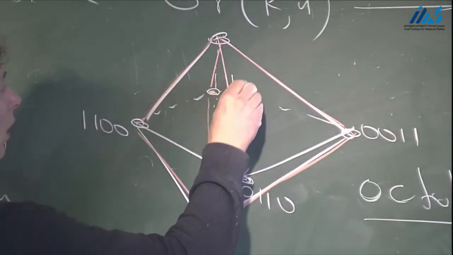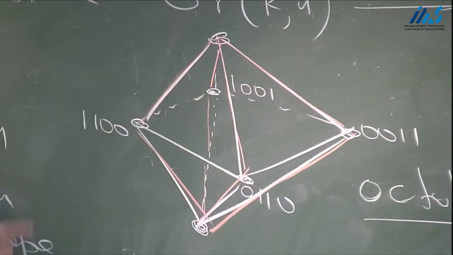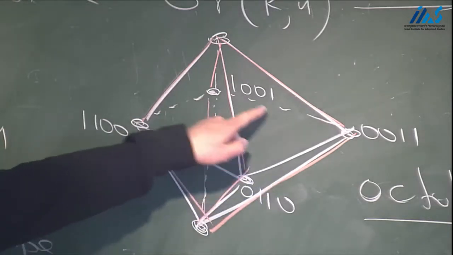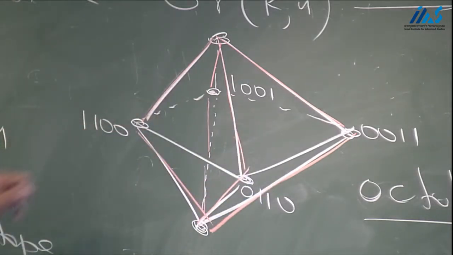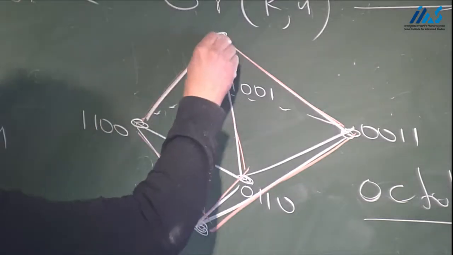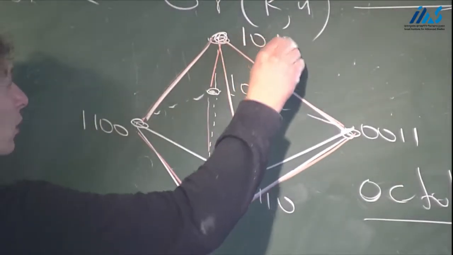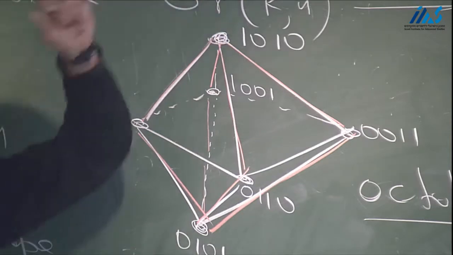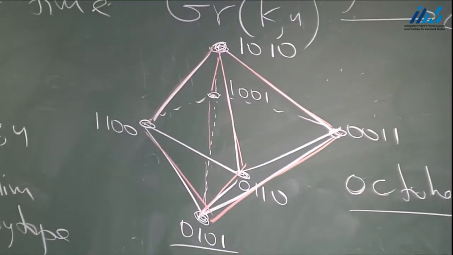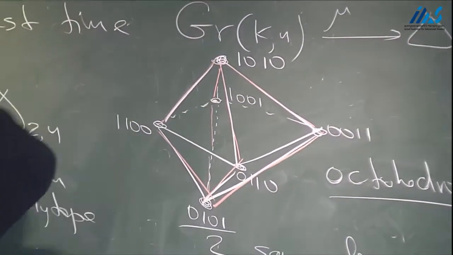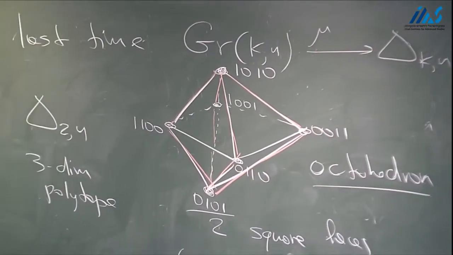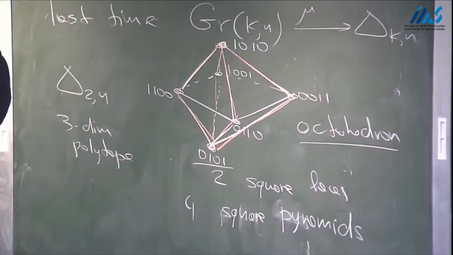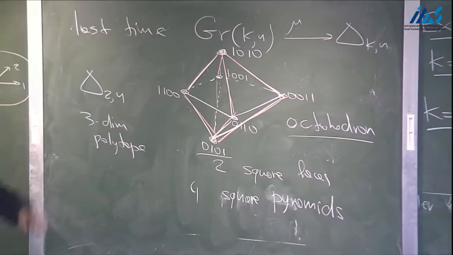And this is 1, 0, 0, 1. Notice that all the vertices I denoted have 2 ones, but they're cyclically consecutive. And there are 2 special vertices where these ones are not cyclically consecutive. For the positive Grassmannian, this cyclic order matters. So you have one long vertical diagonal that plays a special role. The whole picture is going to be symmetric if you rotate it with respect to this long vertical diagonal.